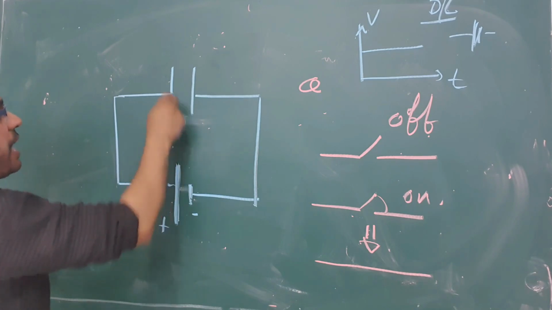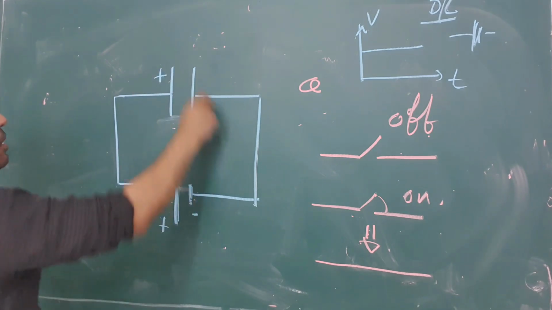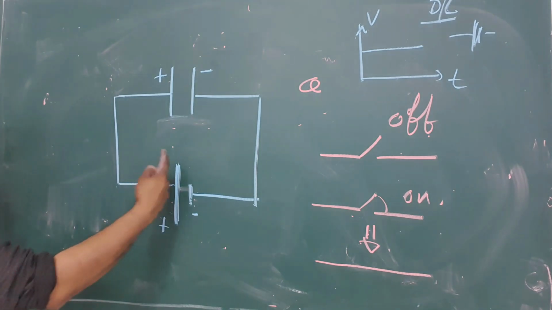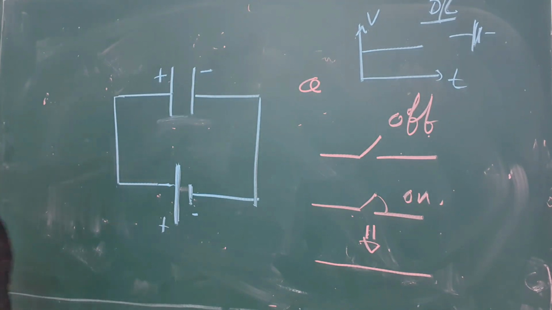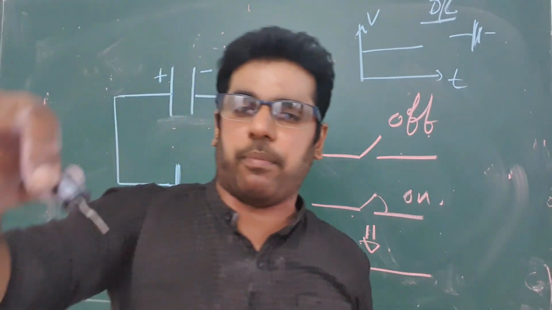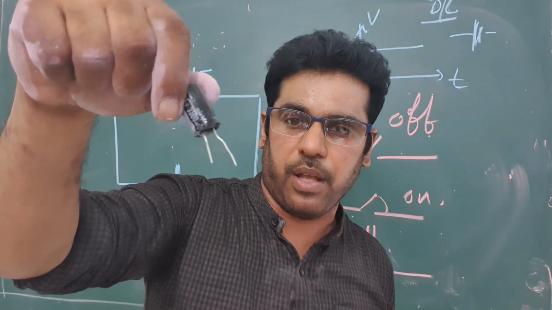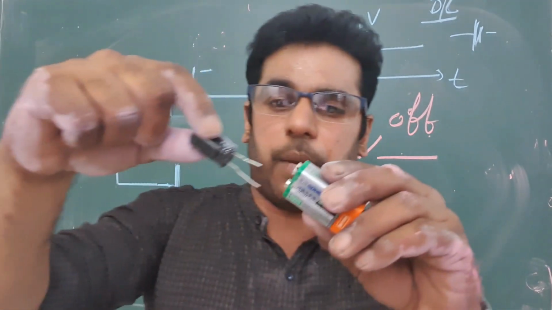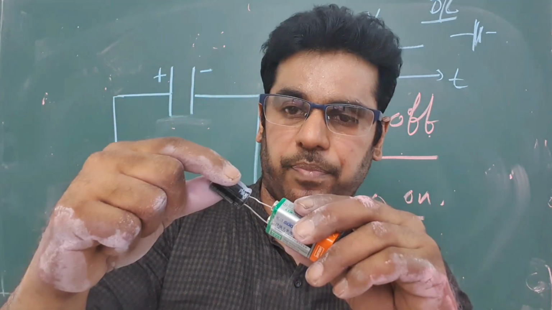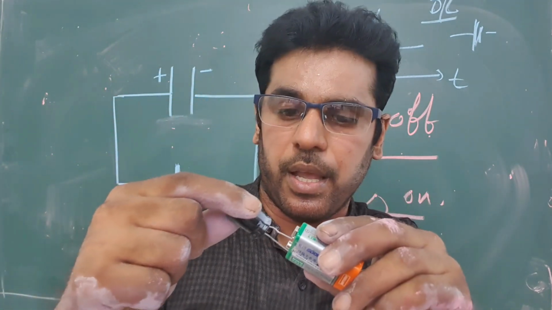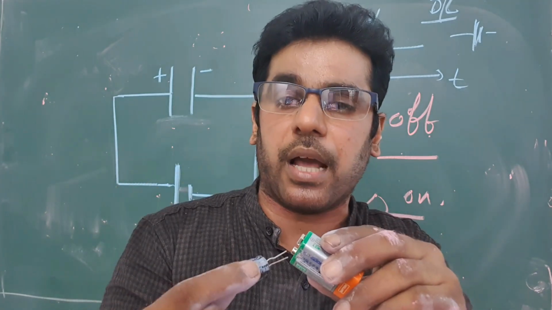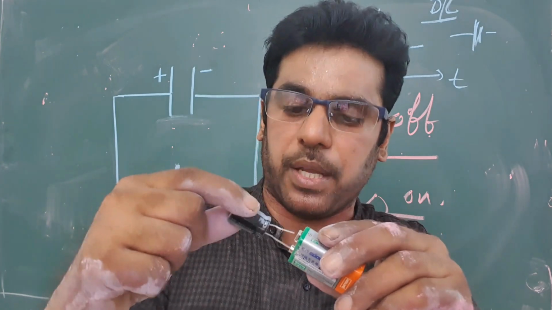We have connected plus to plus, minus to minus, and it undergoes charge. I told you when you buy this capacitor from the market, it has no charge. But by using the battery, plus to plus and minus to minus, we charge the capacitor. At the very beginning, current goes from plus to minus.